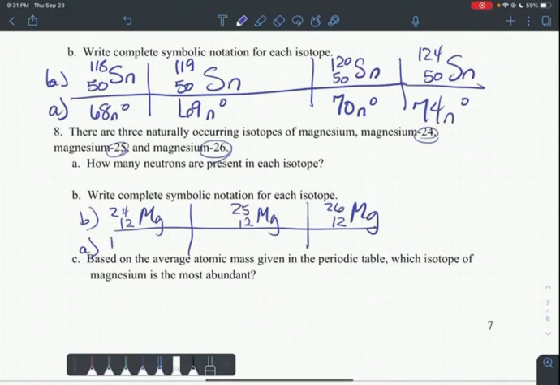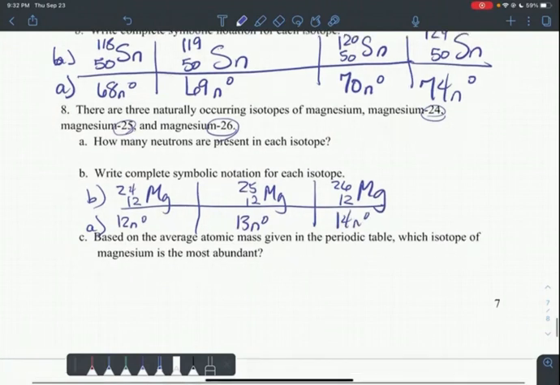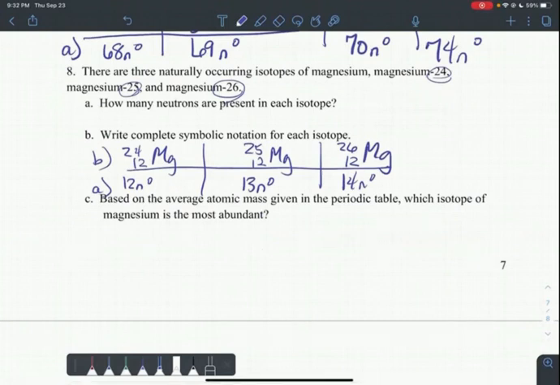Subtract the two. Based on the average atomic mass given on the periodic table, your average atomic mass for magnesium is 24.31. So I'm going to look for the magnesium that has the mass number closest to it, since that is the most abundant.